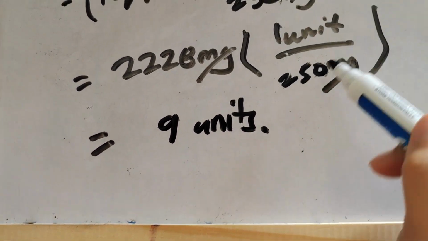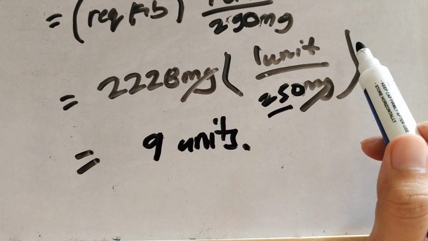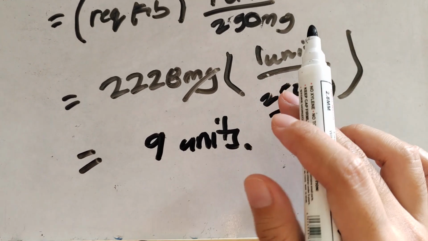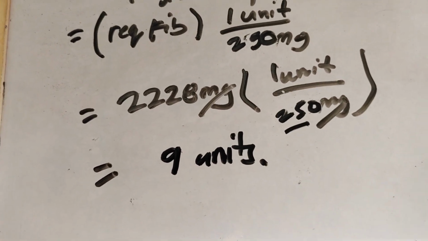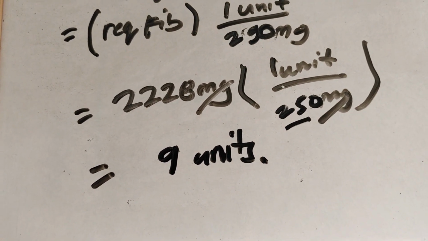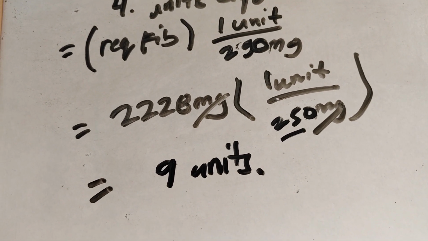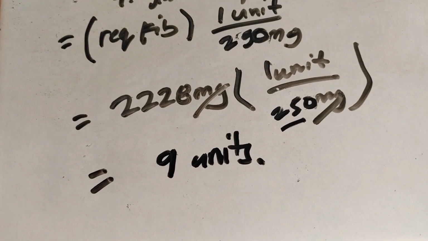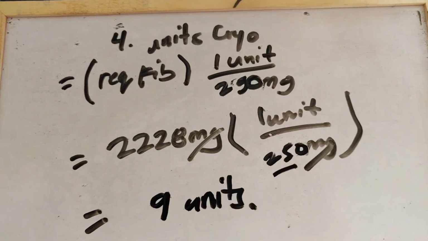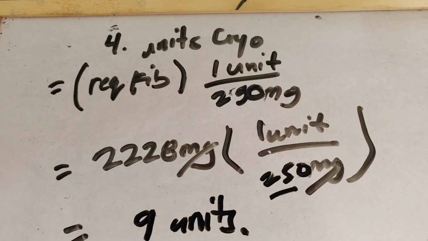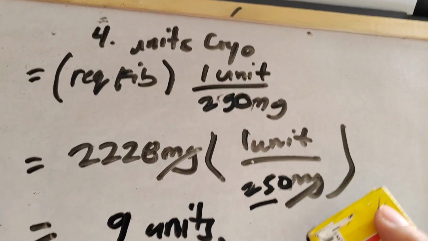Okay. So, it depends kung 250 or 150 ang inyong fibrinogen, or kung ano yung amount ng fibrinogen na meron sa inyo. Okay? So, ganun siya computin. So, you will need 9 units para ma-obtain ang inyong goal, which is 100. Okay? So, that's it for fibrinogen.